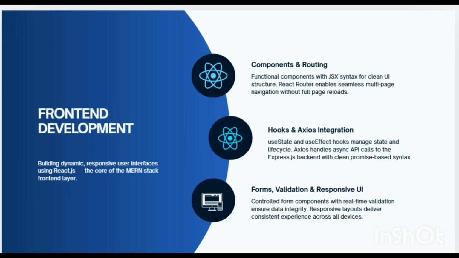Coming to the front-end development part, building a dynamic, responsive user interface using React.js is our goal, and this is the core of the Webstack front-end layer. Components and routing: functional components with JSX syntax for clean UI structure, and React Router enables seamless multi-page navigation without full-page reloads.